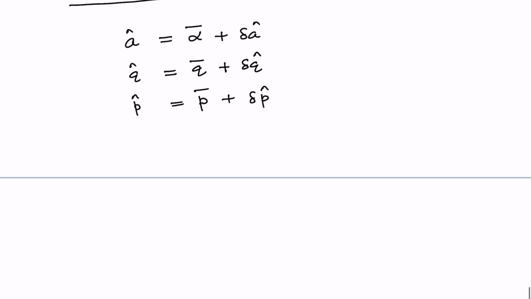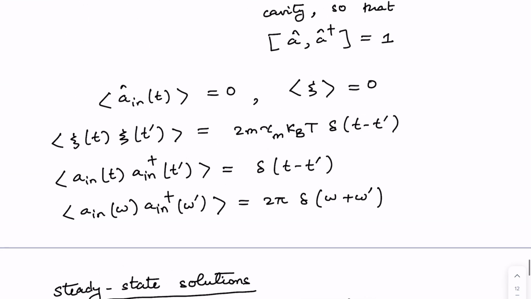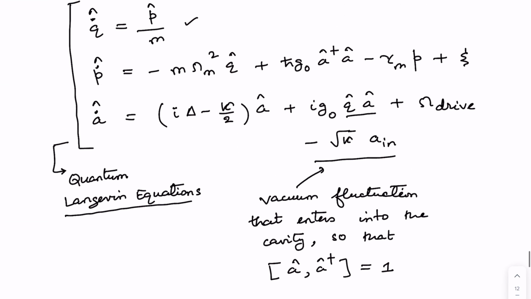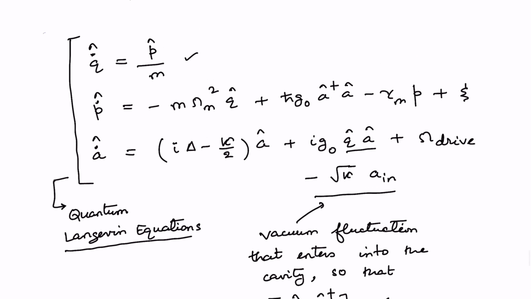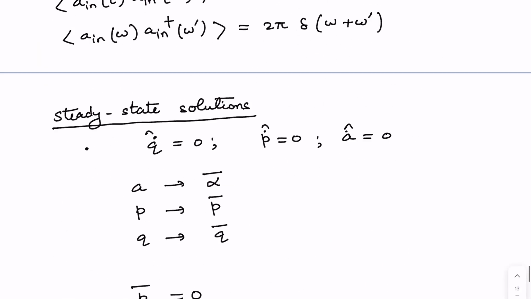Now, inserting these ansatz into the quantum Langevin equation, let me again take the quantum Langevin equations. So let me copy all these equations. These are my quantum Langevin equations.